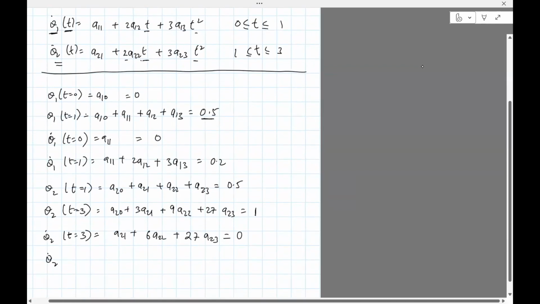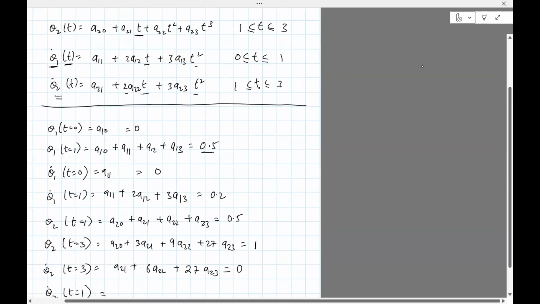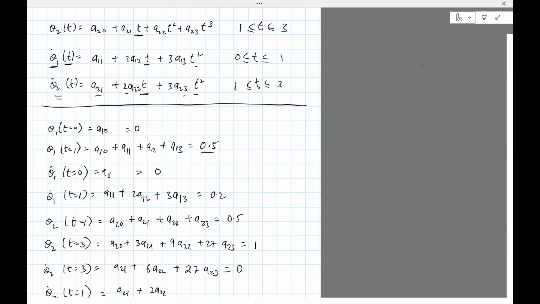And then we know that the velocity at the intermediate point should be 0.2. I put t equals 1 here: a21 plus twice a22 plus 3 times a23 should be 0.2.